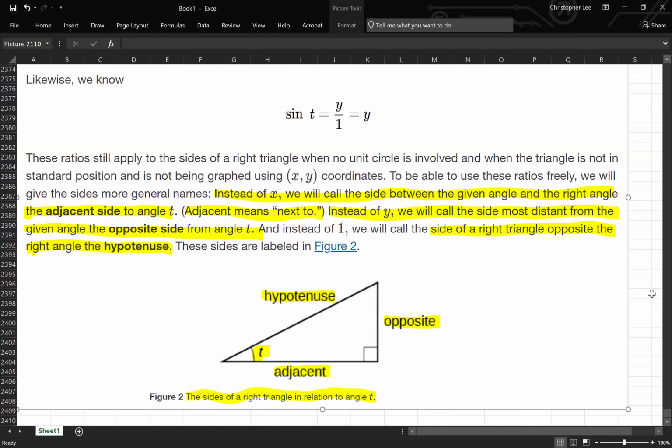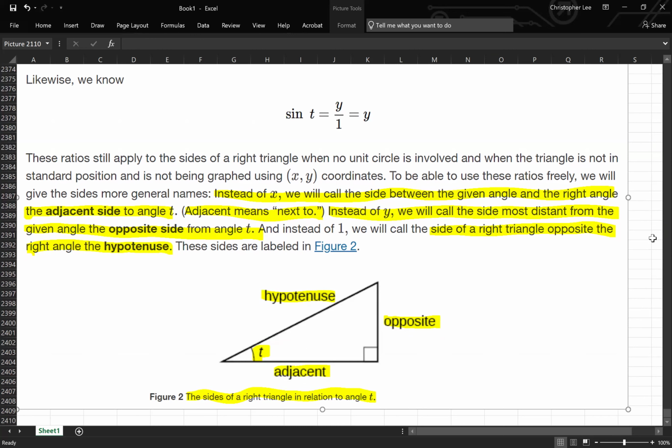These ratios still apply to the sides of the right triangle when no unit circle is involved, when the triangle is not in standard position, and is not being graphed using the xy coordinates. To be able to use these ratios freely, we will give the sides more general names.